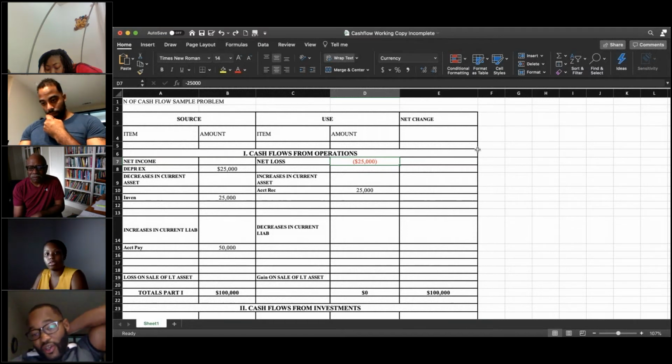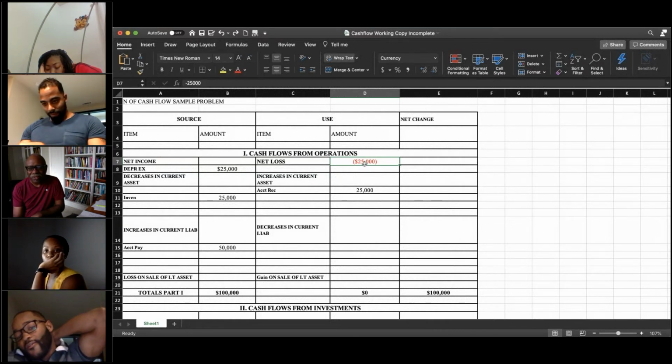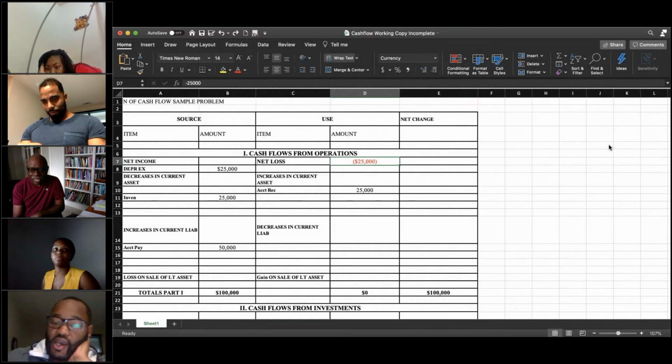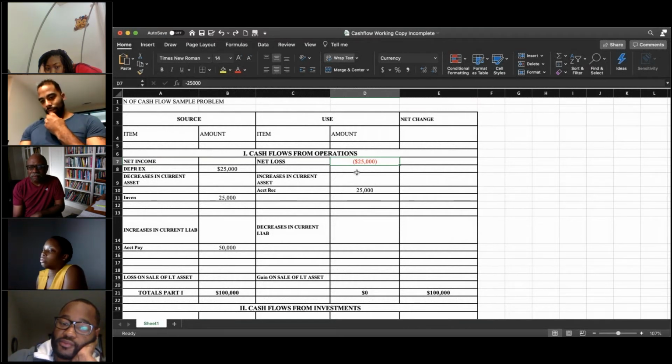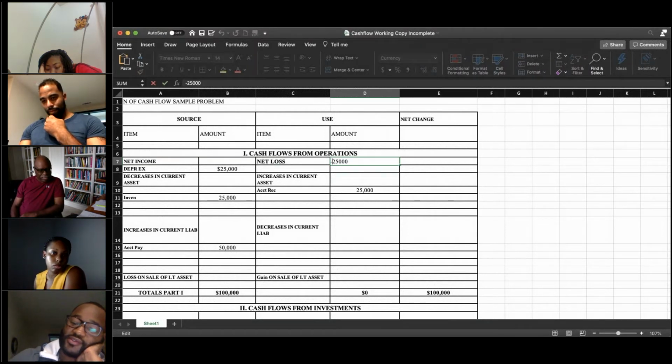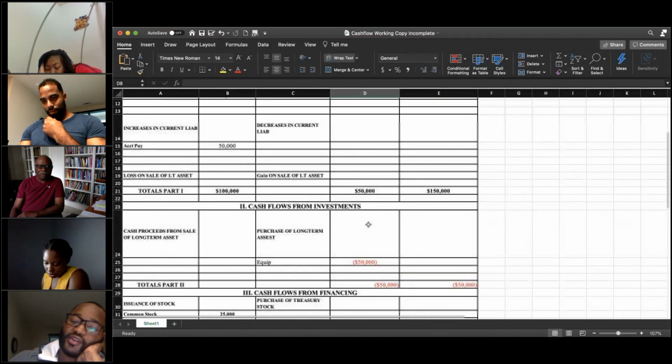I was trying to compare because I think I saw what the issue was, and I think it's just because of the way that we were typing our numbers. You got this negative number here. The issue is you got a negative number in the wrong column.